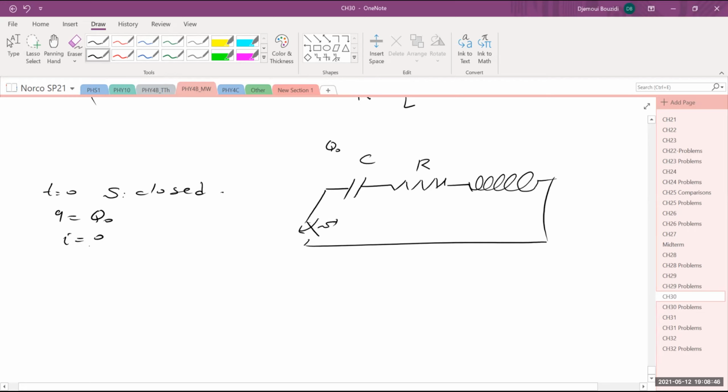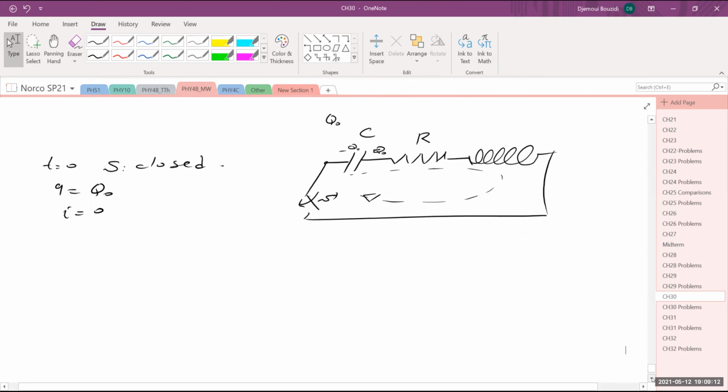This is negative Q0. So the voltage drop, if I follow it from start to finish, is going to look like this. There is a negative Ri at this point.